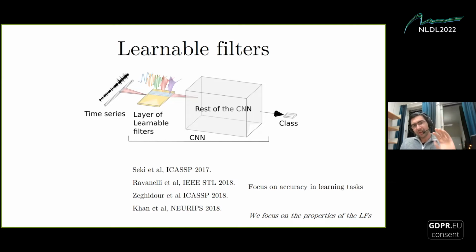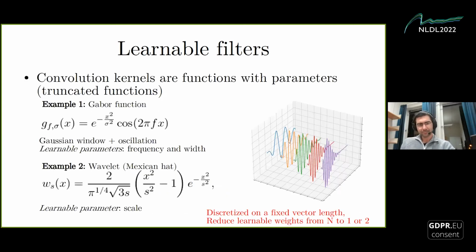In our work, we focus more on the properties of this LF, which stands for learnable filters. We want to understand what kind of frequency it learns and what kind of shape it has. So it's more an orientation of explainable AI: what does it learn?